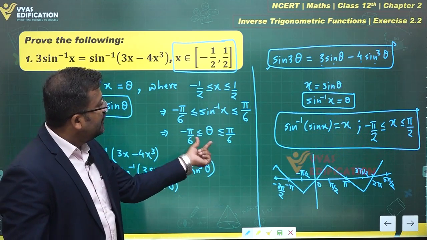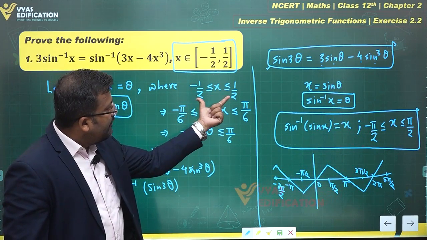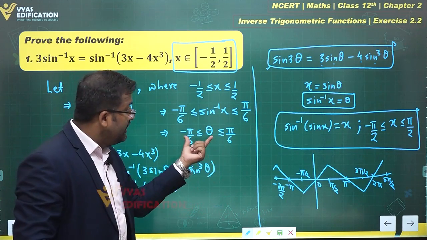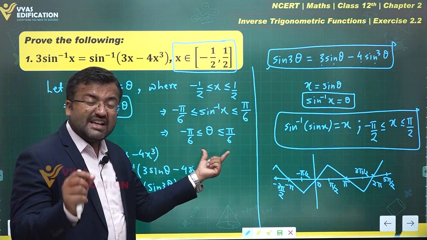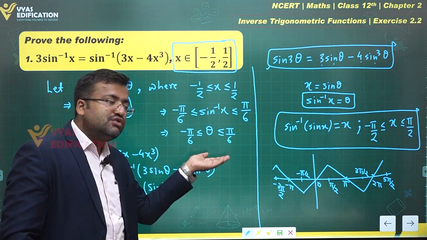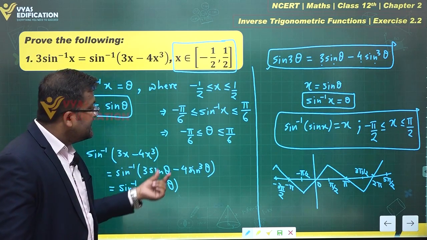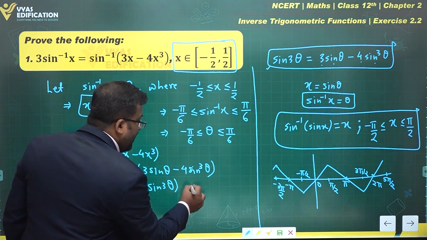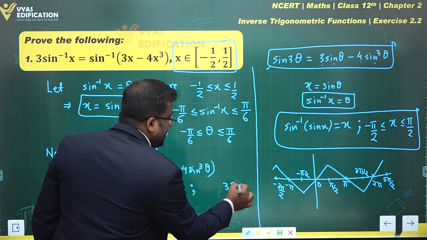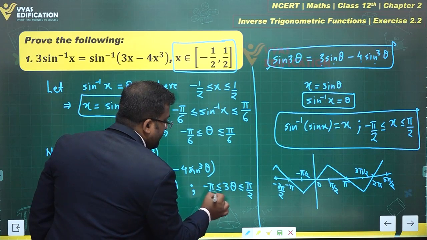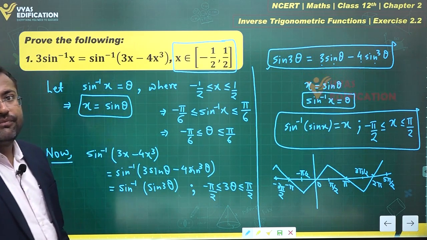By giving you the values of x. From x, we got the values of theta. I have used this calculation over here. Since theta belongs to minus pi by 6 to pi by 6, we can observe that 3 theta is between minus pi by 2 to pi by 2.